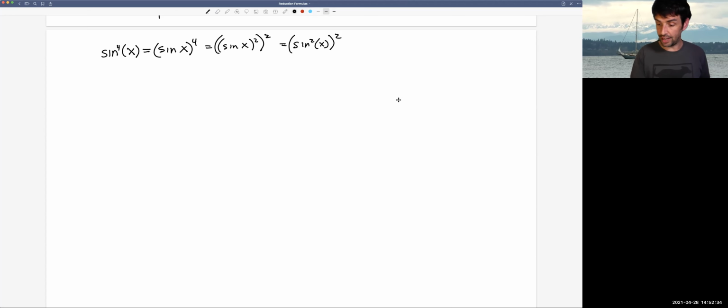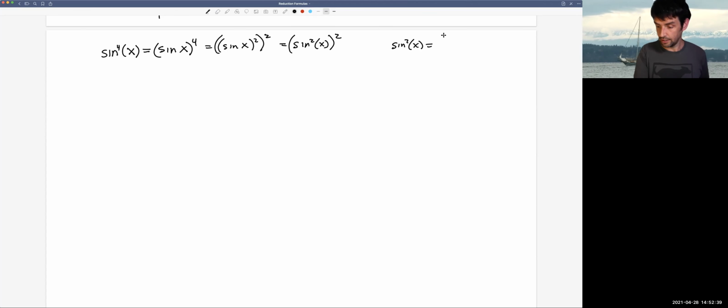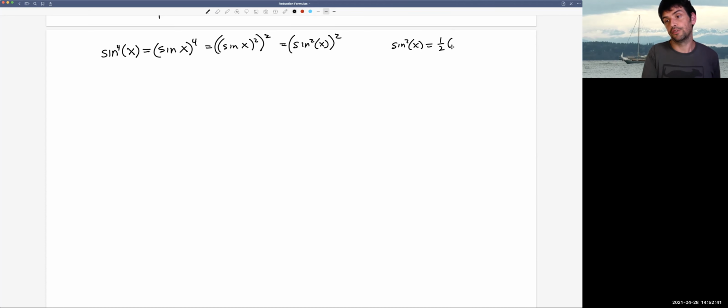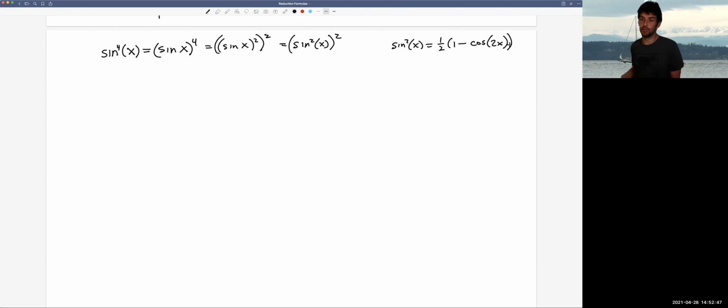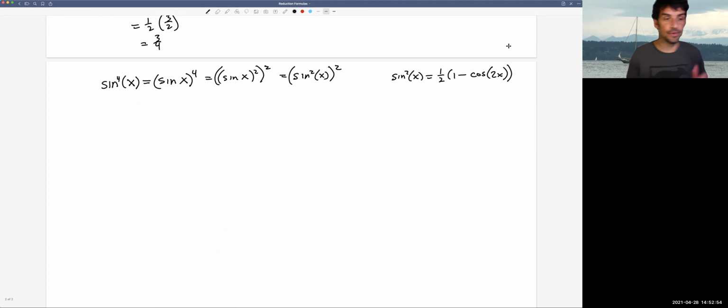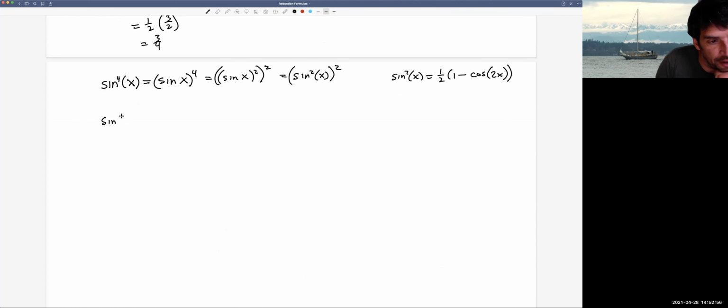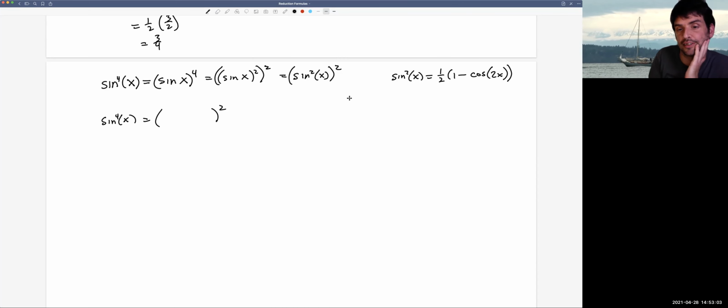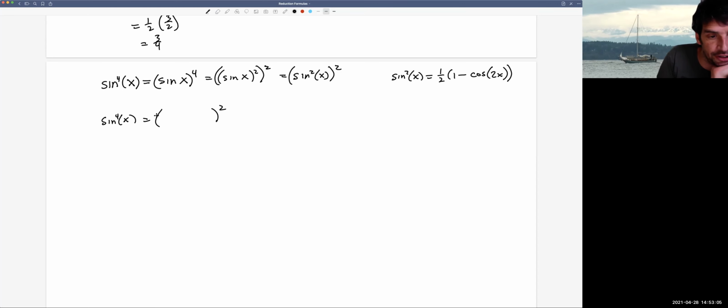And then we just use the fact that sine squared of x is equal to 1/2 (1 minus cosine of 2x). I just replaced theta with x from the rule that we developed up here. All right, so what happens now? Sine to the 4th power of x, we have sine squared x, squared. I'm going to replace the sine squared x with this configuration here.